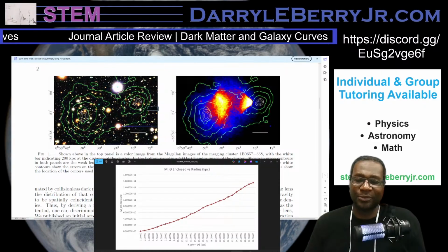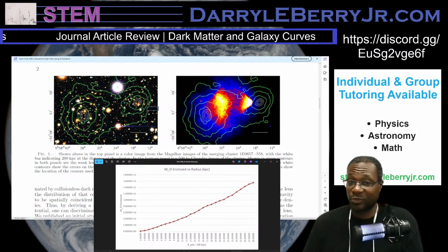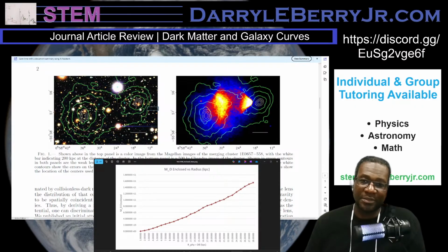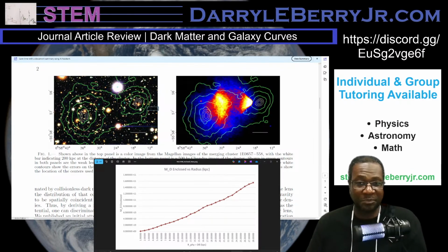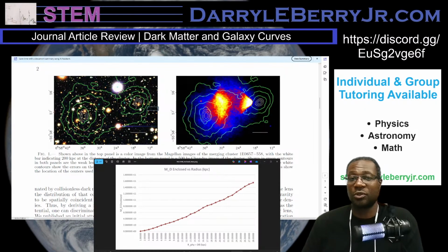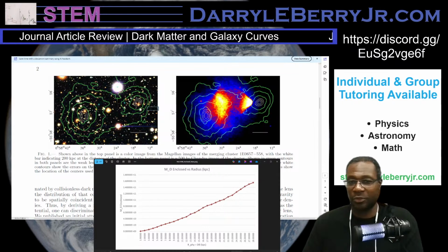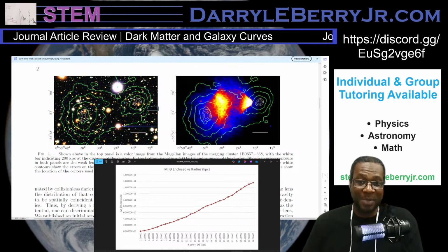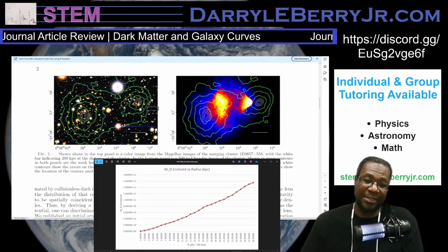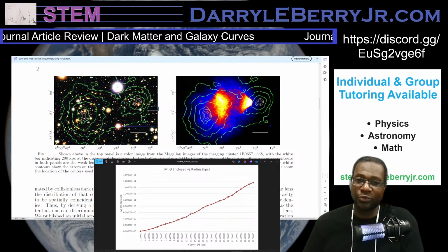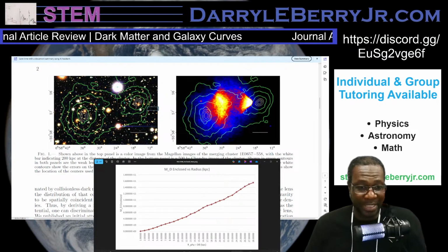A lot of people may not know that special relativity is actually a part of classical mechanics, because even though you're going at relativistic speeds, near the speed of light, you're still going at a constant speed, which means you're still in an inertial reference frame. So special relativity falls under the umbrella of classical mechanics. You actually do special relativity in mechanics, which I'm doing in my graduate classical class.